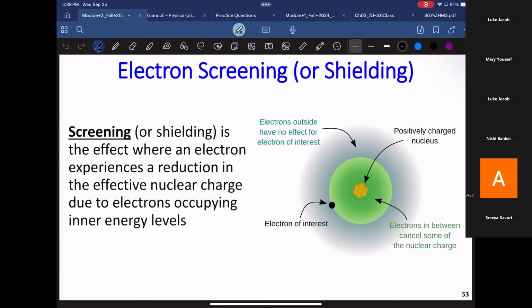So basically, the bigger the atom, right? Let me take this off real quick. The bigger the atom, the more core electrons it has.